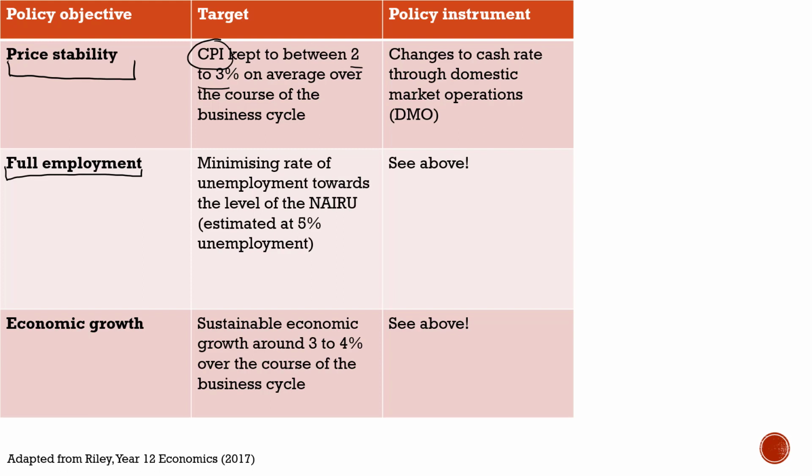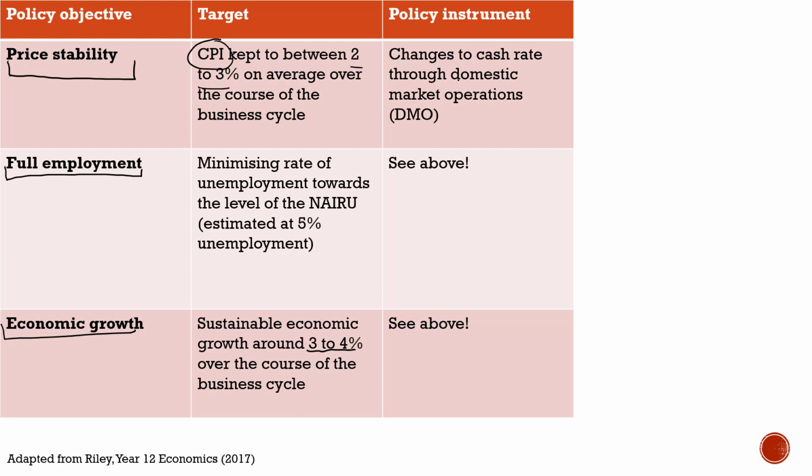So the RBA is looking at price stability, inflation 2 to 3%, full employment going towards the NAIRU of 5%, and also sustainable economic growth, here looking at growth of around 3 to 4% over the course of the business cycle. In terms of how this happens in the policy instrument, we're going to be looking at domestic market operations, how the RBA makes changes to monetary policy.